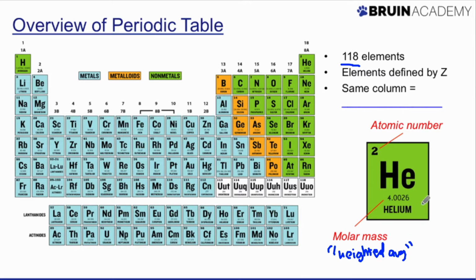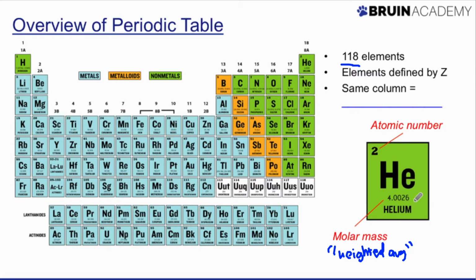So again, I mentioned that the mass number is the sum of the protons and neutrons. The molar mass is just of all the helium atoms that exist in the world. Most of them, on average, have a mass number or atomic mass of about 4.0026. Okay, so it's just an average of everything that exists in the world.